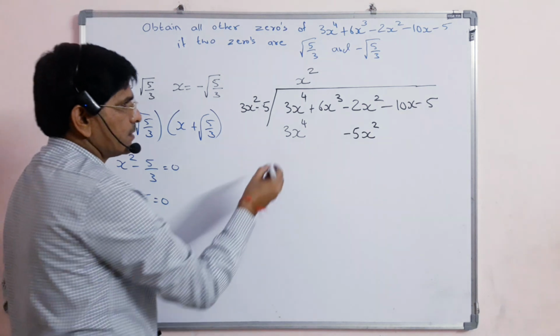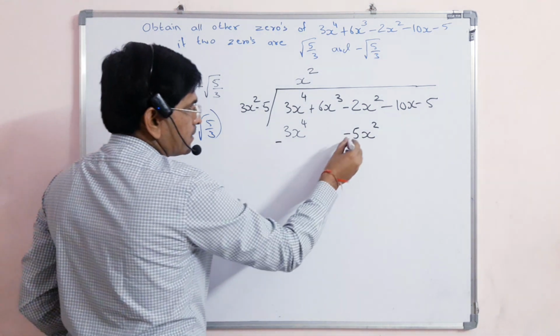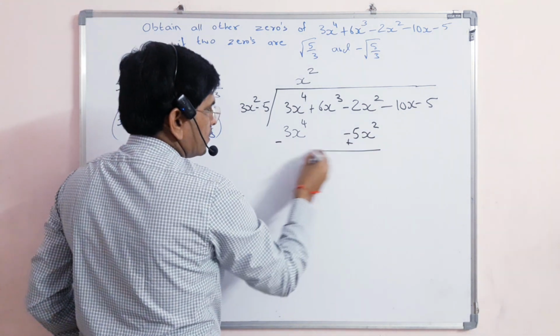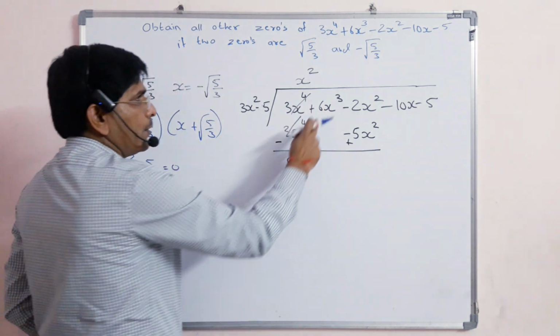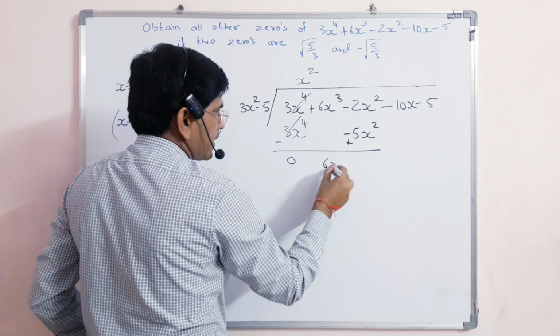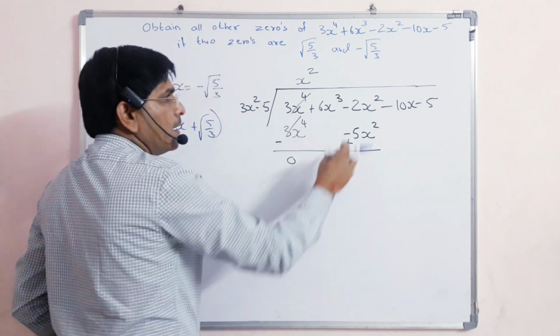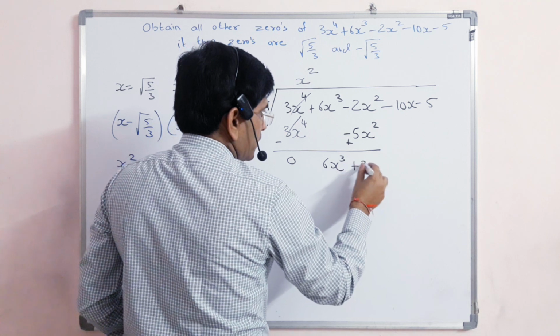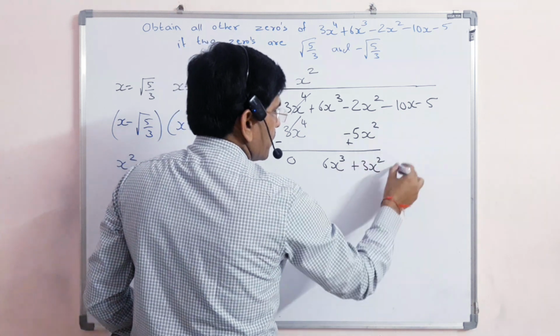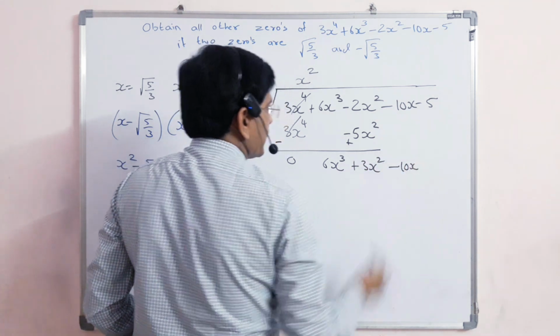Now we have to change the sign, minus to plus, so we get 0. Here we write 6x³ plus 5 minus 2, that is plus 3x², and −10x.